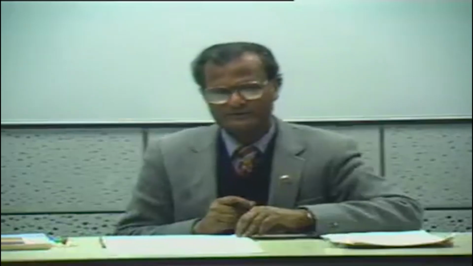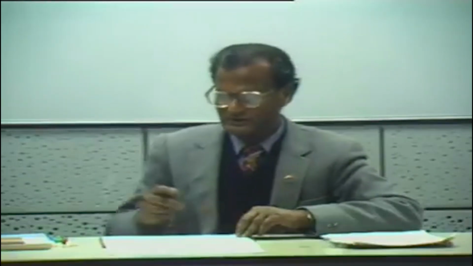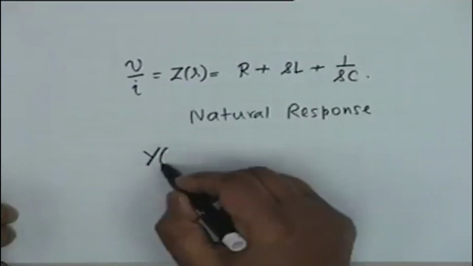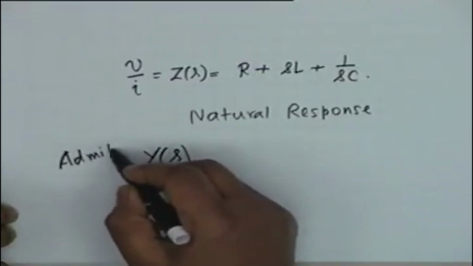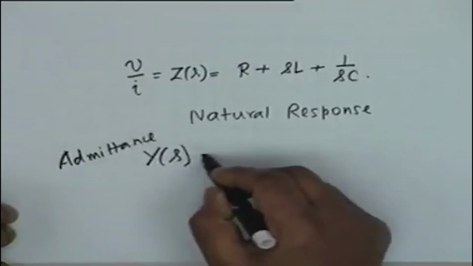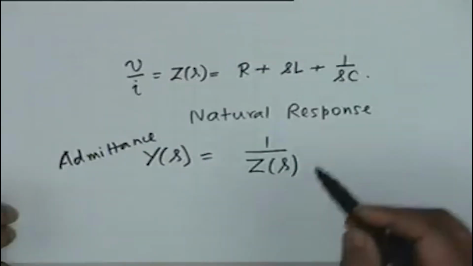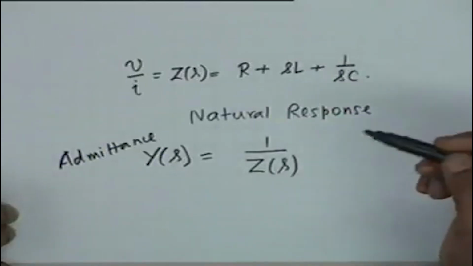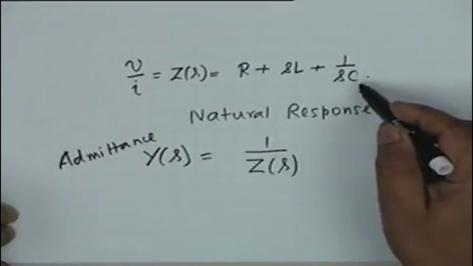In the last lecture, at the last moment, we mentioned that there is an associated concept of admittance Y of s, defined as the reciprocal of the impedance. In other words, the admittance of the series RLC circuit, for example, shall be 1 over R plus sL plus 1 over sC.